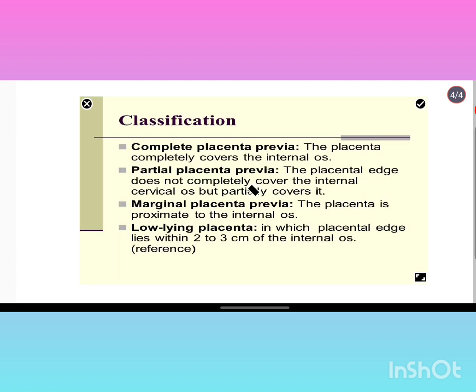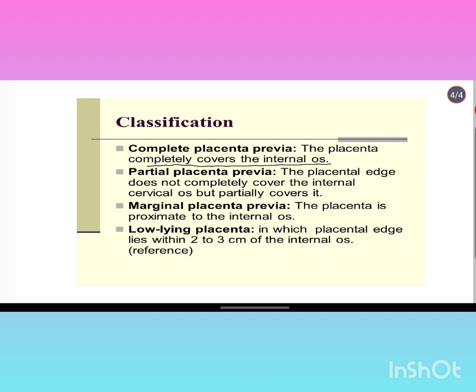Next we will discuss the classification of placenta previa. Placenta previa is classified into the following types. The first one is complete placenta previa, in which the placenta completely covers the internal os.